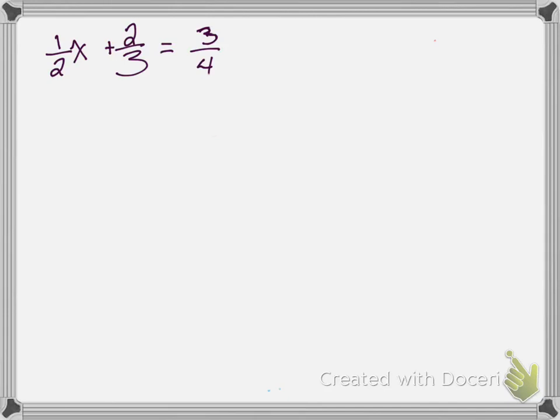That was 2/3, right? Yeah, that was 2/3. Now, we have already determined what our LCD is. What is our LCD between 2, 3, and 4? 12. So what I want you to get in the habit of doing when you see a problem like this is multiply everything times the LCD. Okay? We're going to multiply it all by the LCD.